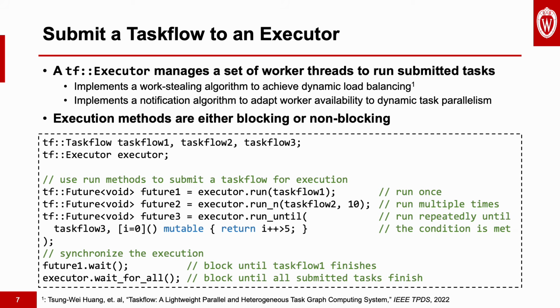Execution methods are either blocking or non-blocking. Blocking methods will wait for all tasks to finish before returning, while non-blocking methods will return immediately. You can use the run method to submit a taskflow for execution, whether to run it once, multiple times, or repeatedly until the given condition is met, and so on and so forth.